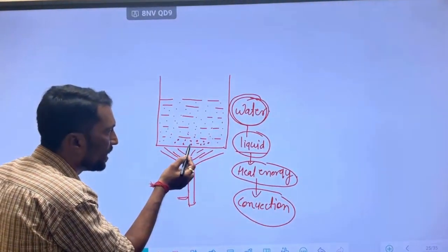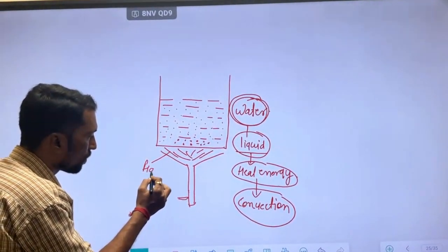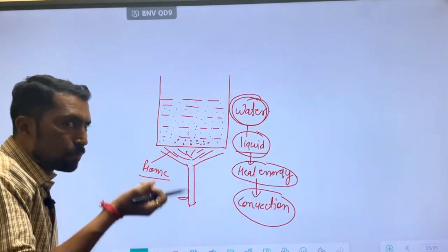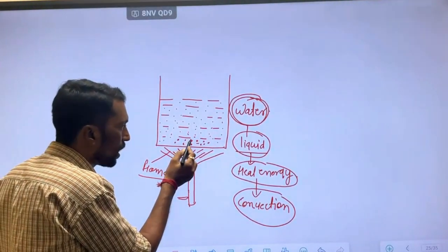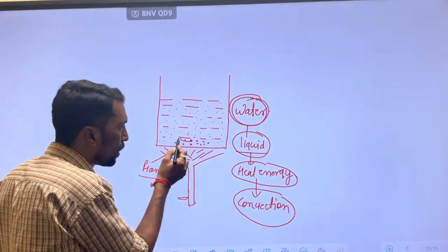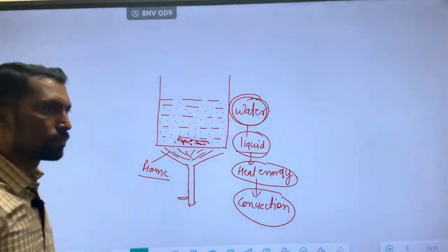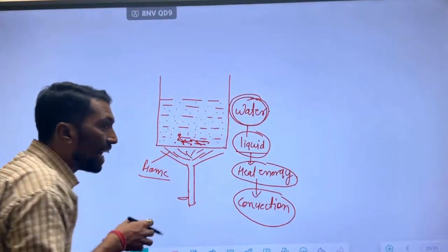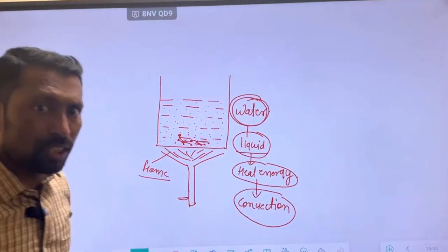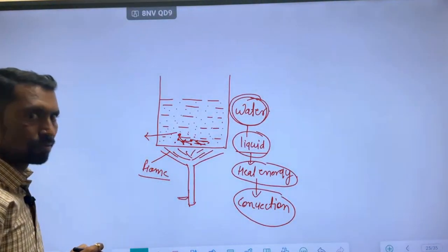They absorb the heat energy from the flame, and after that, they transfer the heat energy to several particles. These particles get heat energy.